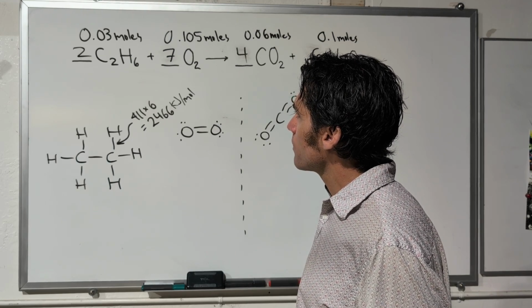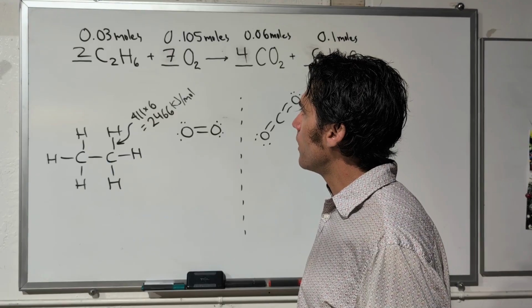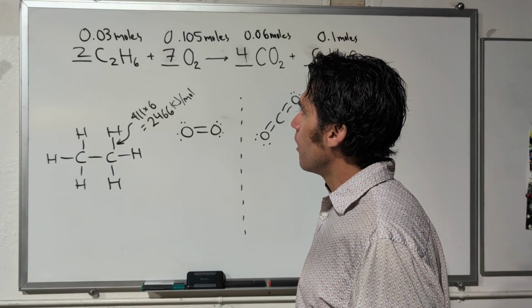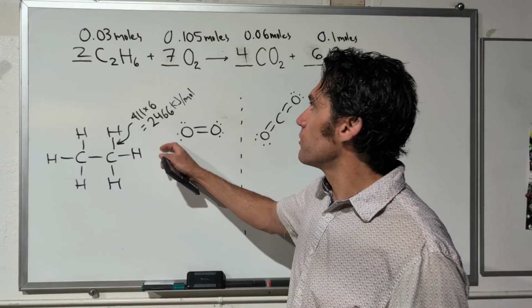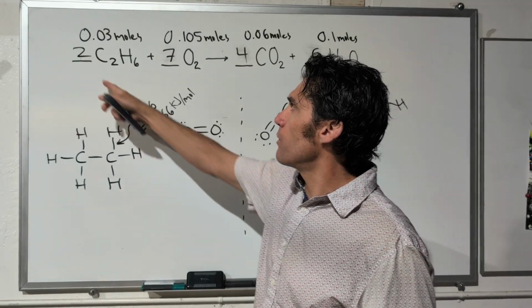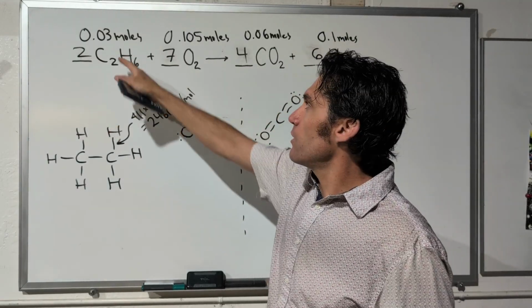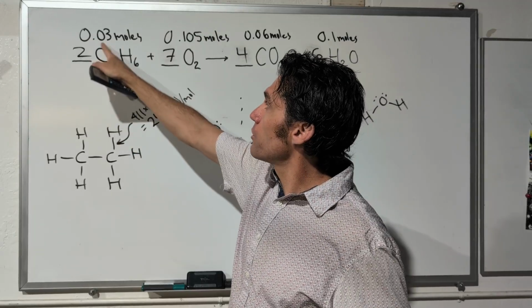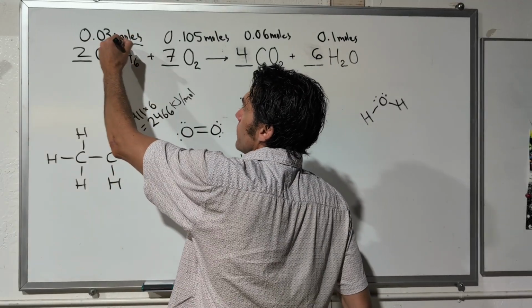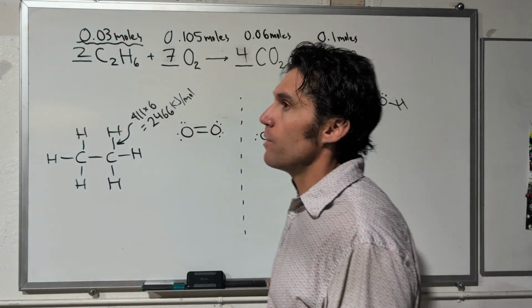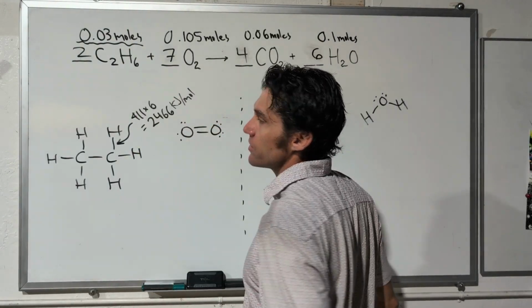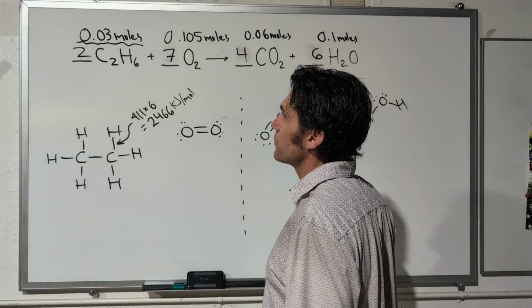No, we do not. Oh yeah, before I said that we're gonna have to multiply this by whatever that coefficient is, I forgot: we don't multiply it by the coefficient, we multiply it by the moles. Because moles tell us exactly how many molecules we got.